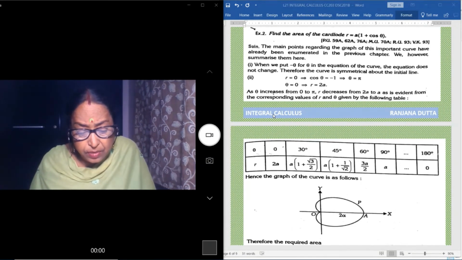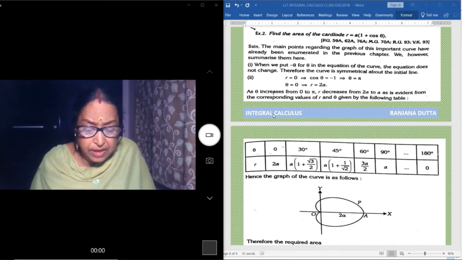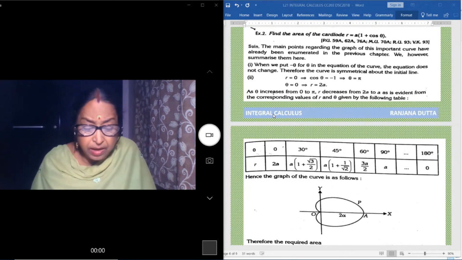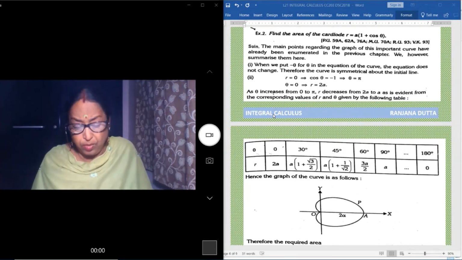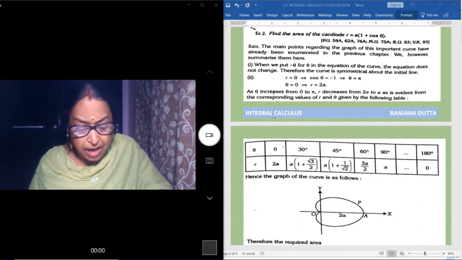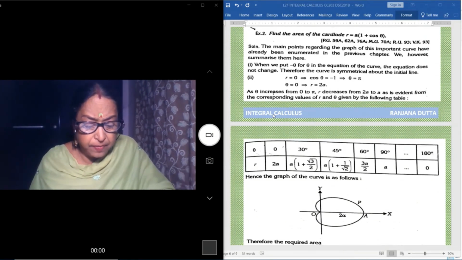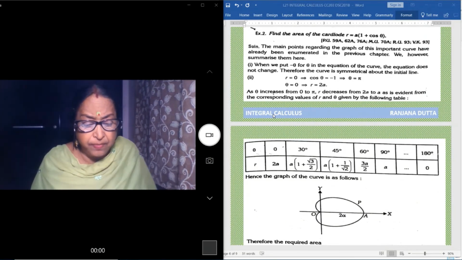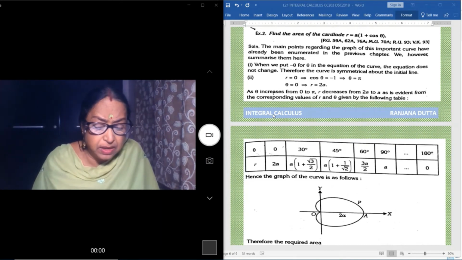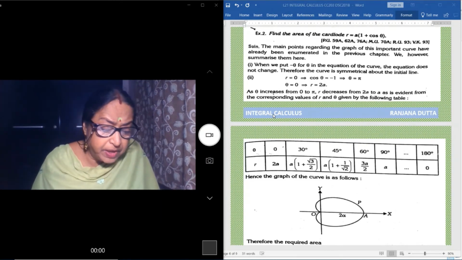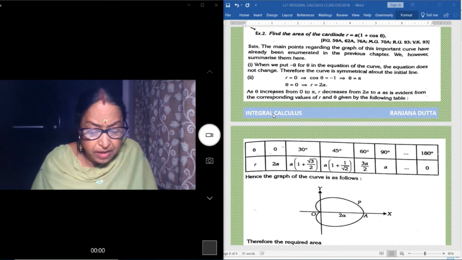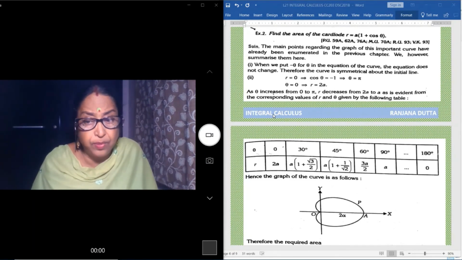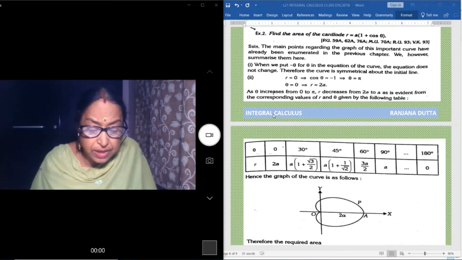When theta is equal to 0, r is equal to 2a. When theta is 30 degree, calculate the value of r; then when theta is 45 degree, 60 degree, 90 degree. Then you can get these values as you can see on your screen.